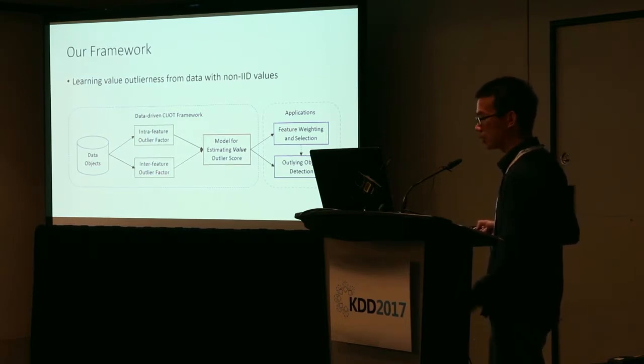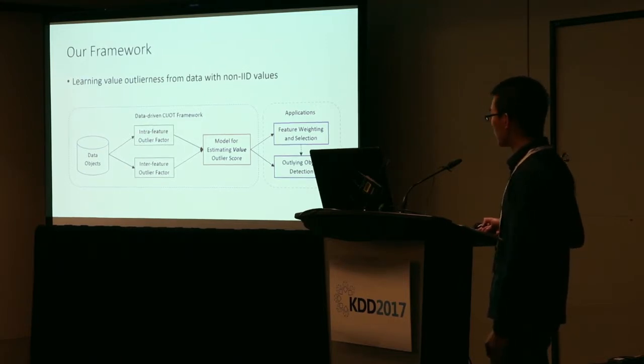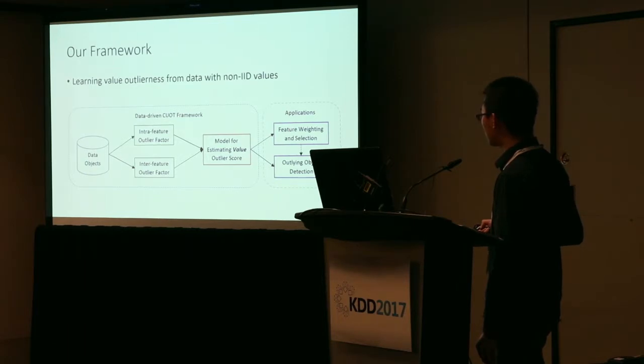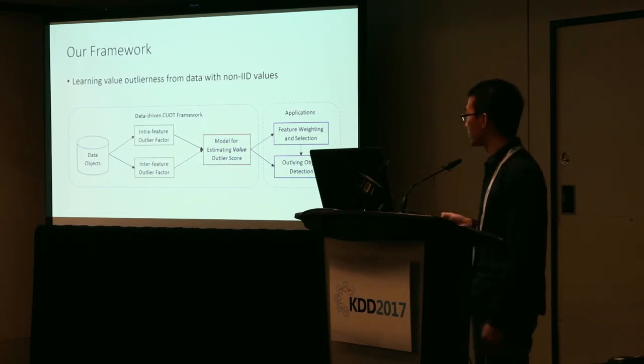Homophily means one value's outlierness is dependent on the outlierness of other values. After obtaining these two factors, we propose a model to unify them to estimate the value outlierness. This is also one key difference between our framework and the existing frameworks.